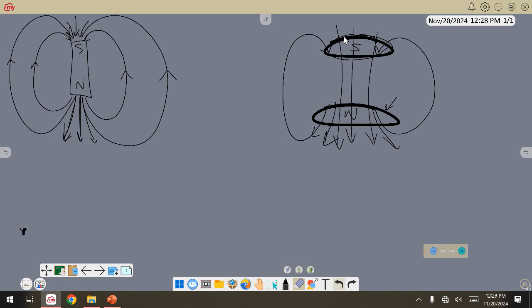A horseshoe magnet looks similar to, as best as we can do, our uniform electric field. But yeah, you can see the lines go straight across in this particular case.